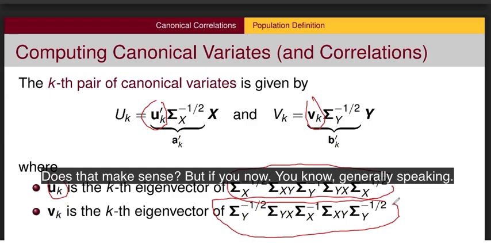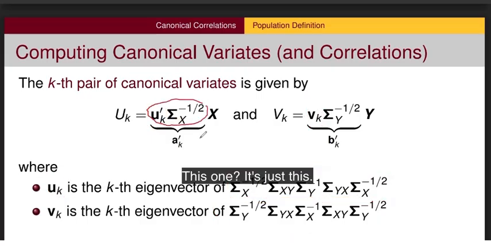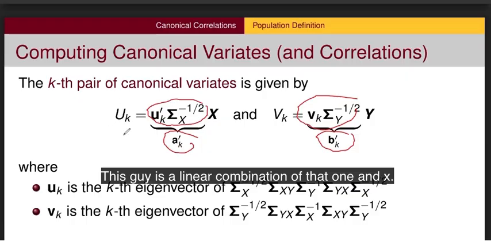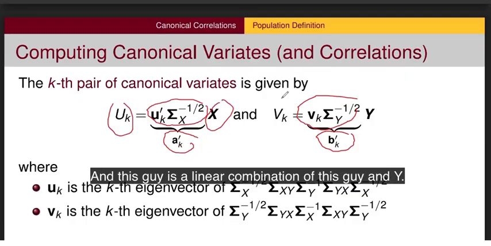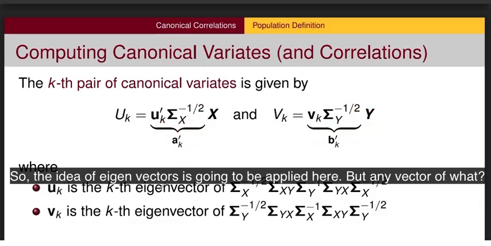Does that make sense? Generally speaking, this guy is a linear combination of that one and X, and this guy is a linear combination of this guy and Y. So the idea of eigenvectors is going to be applied here.